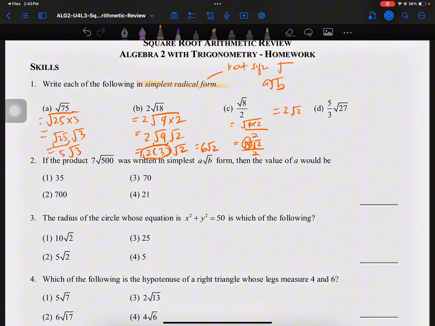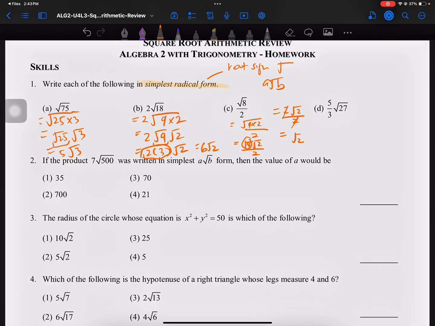Then we divide 2 by 2. It is √2. So √8 over 2 simplifies all the way to just √2. There isn't even a coefficient outside anymore. That is the simplest radical form.